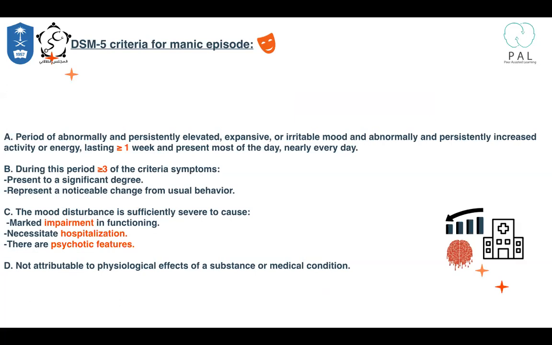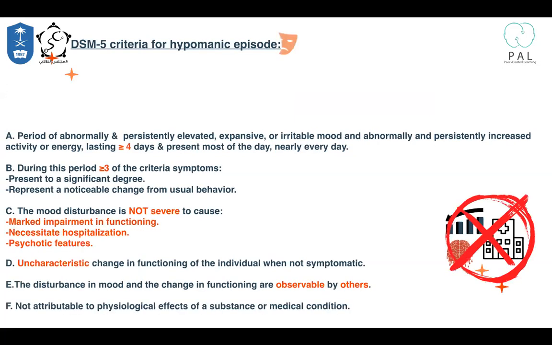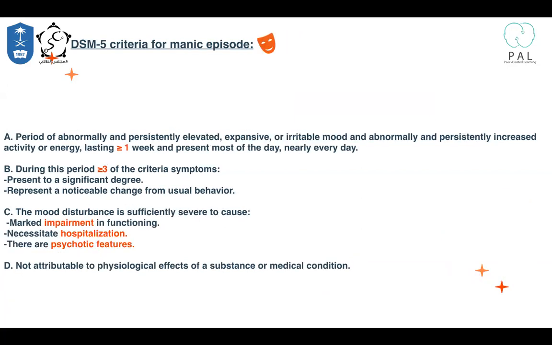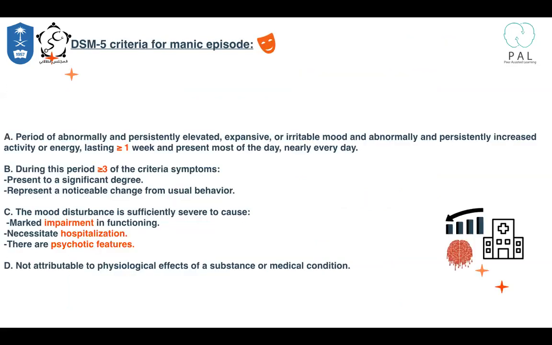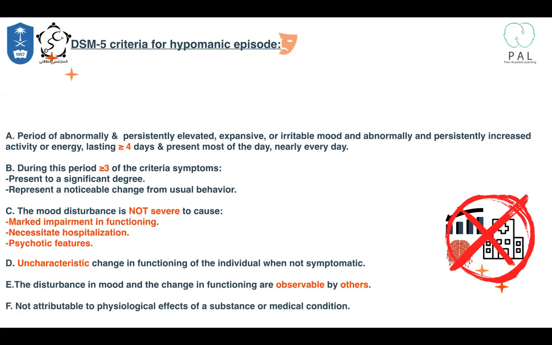طيب, الهايبومانيا is the same بس في فروقات. الهايبومانيا الدوريشن يختلف, it is at least 4 days. طيب, قلنا نفس السيمتوم at least 3 of these criteria symptom. The mood هنا هذا المهم.